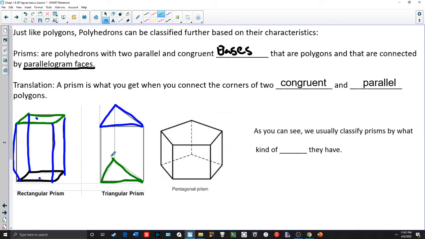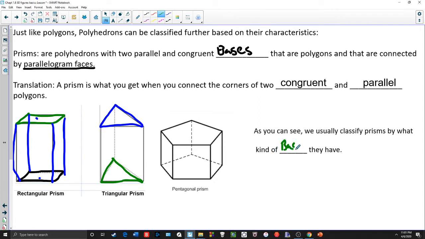And this goes for any type of polygon. A pentagonal prism, you have a pentagon on top, you have a pentagon on bottom, and then you have the parallelogram or rectangular faces along the edges. Again, a rectangle is a special type of parallelogram. So if these are all squares, rectangles, or parallelograms, those all count as parallelogram faces. Basically, the way we classify prisms is what type of base they have.